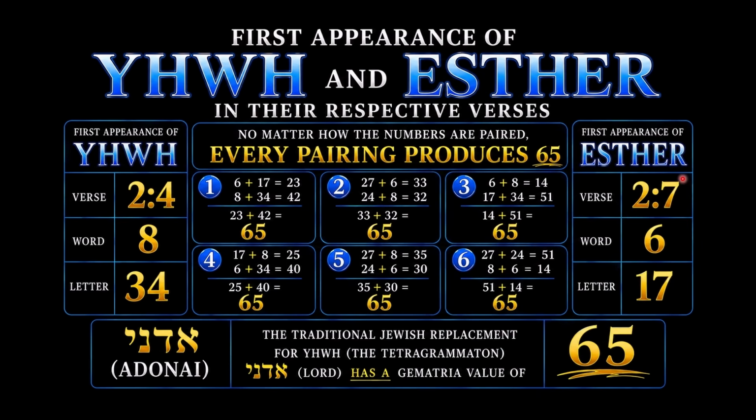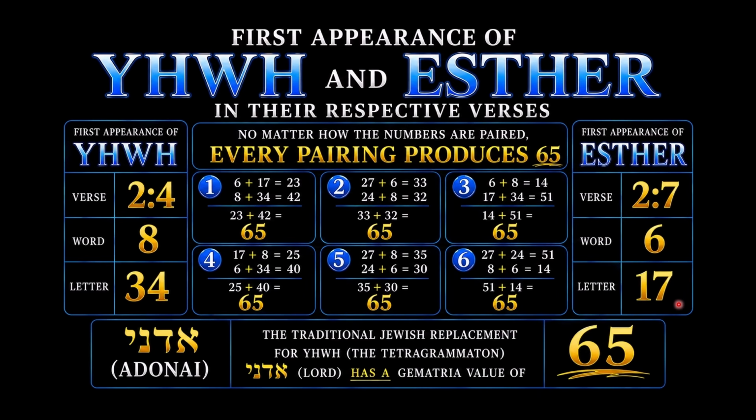On the right, for the first appearance of Esther, the key numbers are verse 2:7, word 6, and letter 17. These six numbers, 24, 8, and 34 for the Tetragrammaton, and 27, 6, and 17 for Esther, form the basis of the calculations shown in the center.